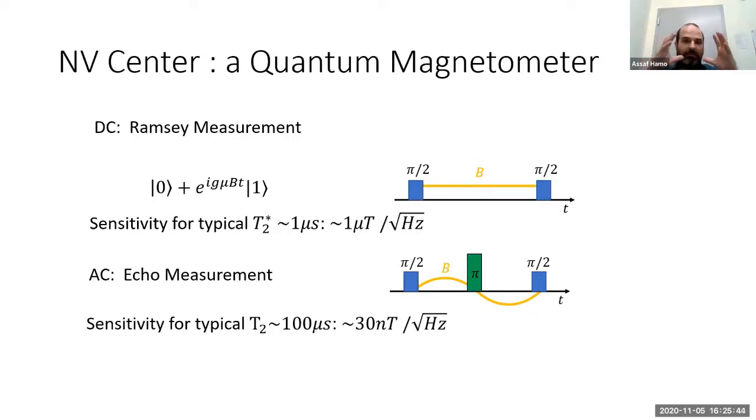Okay, but you have a diamond with an NV center inside, and you need a way to bring this NV center into close proximity of your sample. In order to do that, we are going to shape the diamond into a sharp tip, and on the edge of this tip, we are going to have a single NV center. The way it's done is as follows.